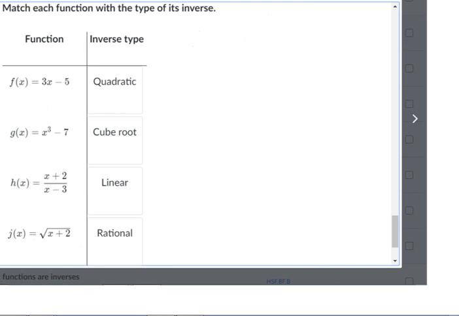Last thing before I turn y'all loose on some practice, let's just talk about this really quickly. These terms are not in the correct order. The instructions say match each function with the type of its inverse. So if we start with a linear function, what did we say that its inverse was? Linear. If we start with x cubed minus 7, what is its inverse going to be? A cube root.